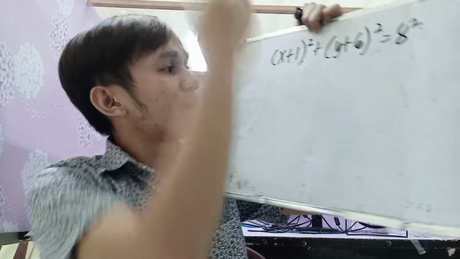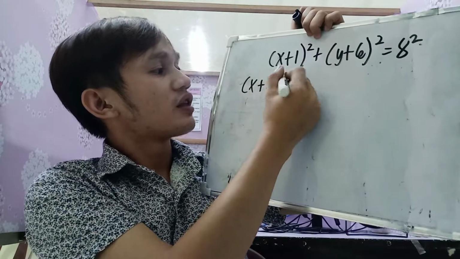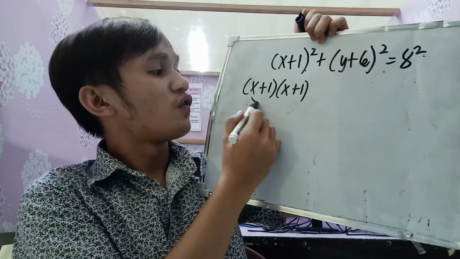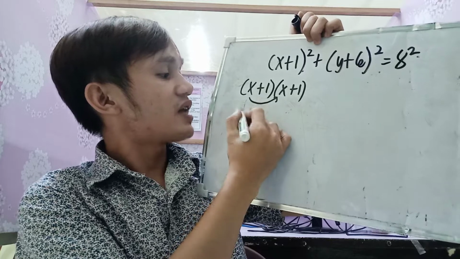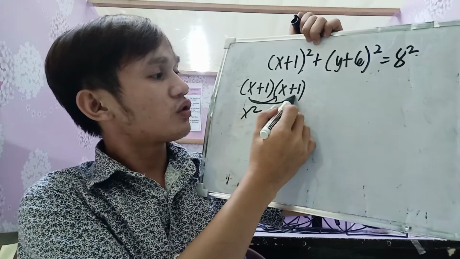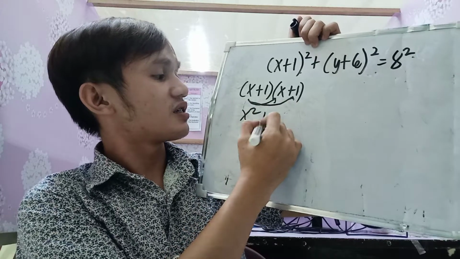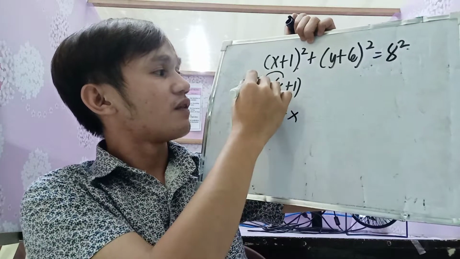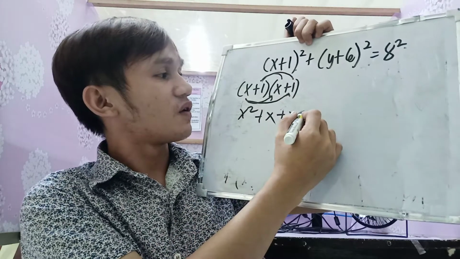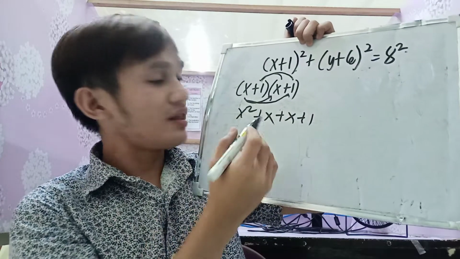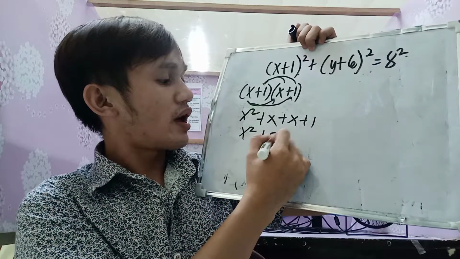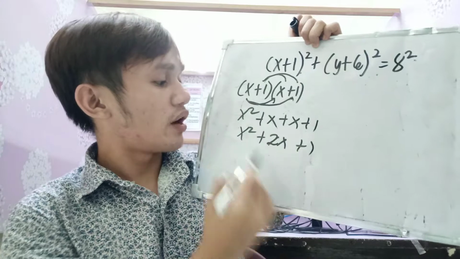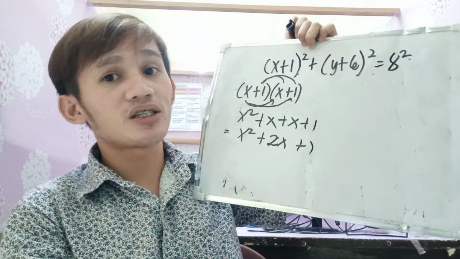So this will be (x + 1)(x + 1). If you use the FOIL method, first, x times x is x²; outer, x times 1 is x; inner, 1 times x is x; and the last, 1 times 1 is 1. If you combine them, this will be x² + 2x + 1. So after expanding (x + 1)², we arrive at x² + 2x + 1.